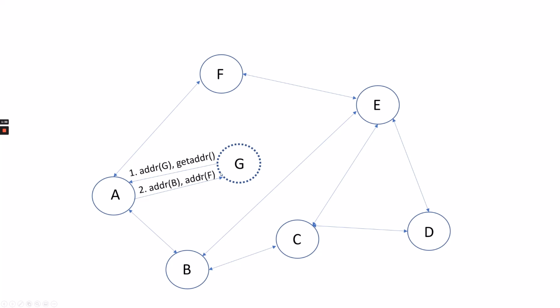G now knows of 3 nodes in the network: A, B, and F. Should it want to be connected even further, G can then send the same get address messages to B and F, because node G now knows about the existence of B and F, and that sort of message exchange keeps going on until G is sufficiently acquainted with the network.